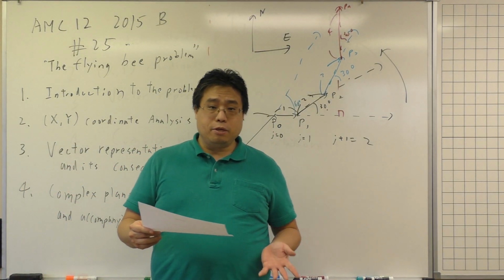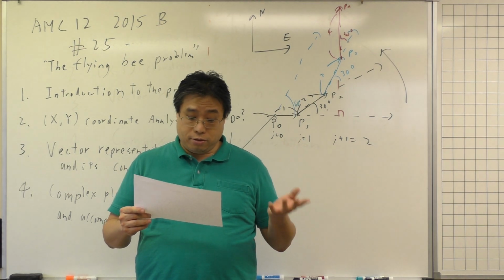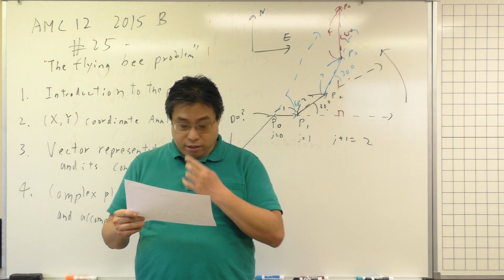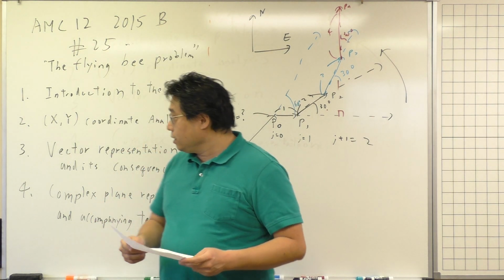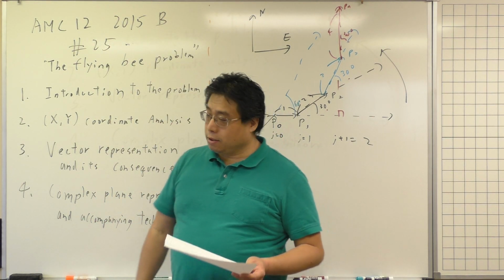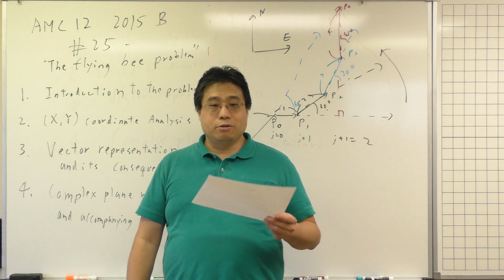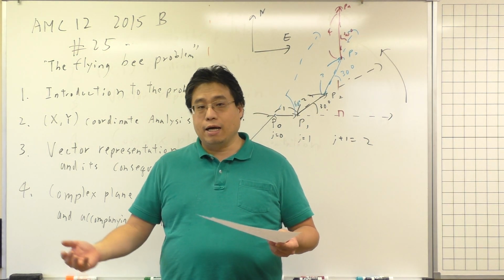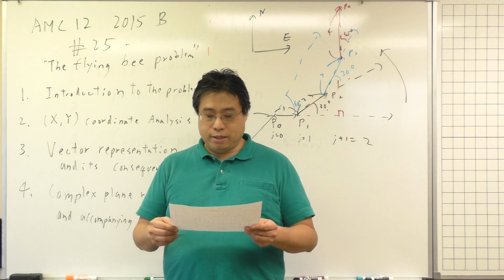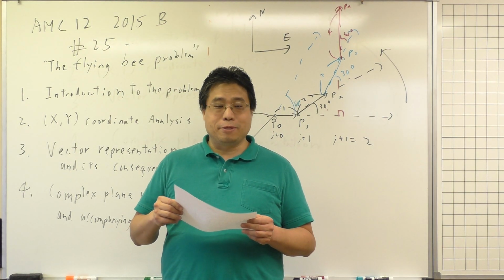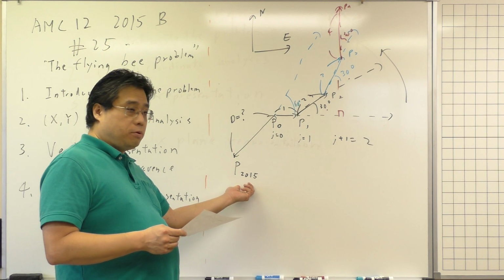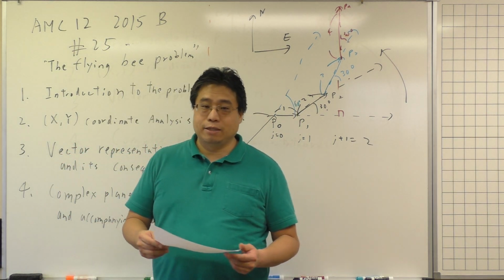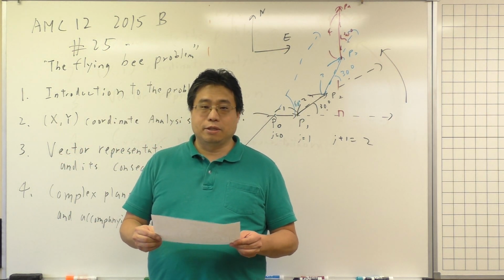So there must be a reason why things look this regular, and there is some kind of pattern to the whole thing. In the next episode, when we discuss XY coordinate analysis, we'll try to see why there is such a pattern, and how we can take advantage of this pattern to get the location of point P2015 and our answer. So see you at the next video.